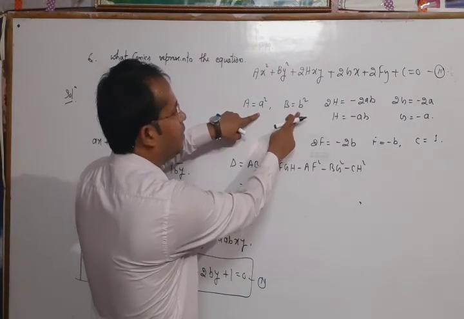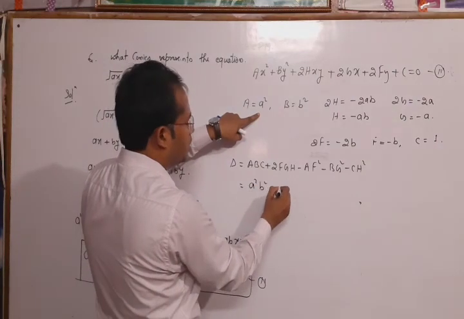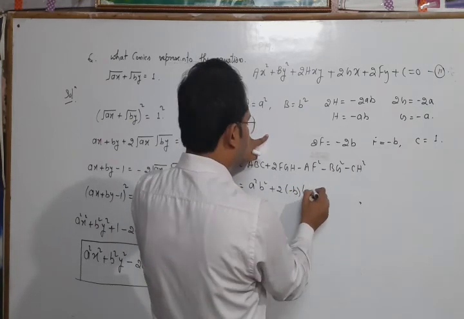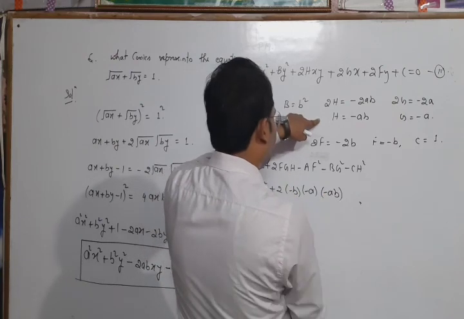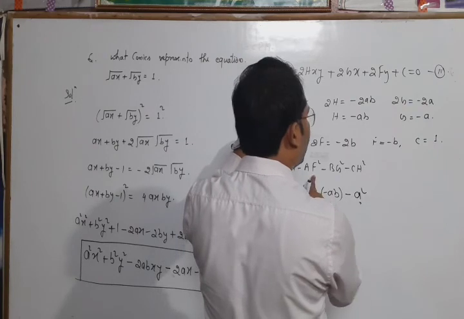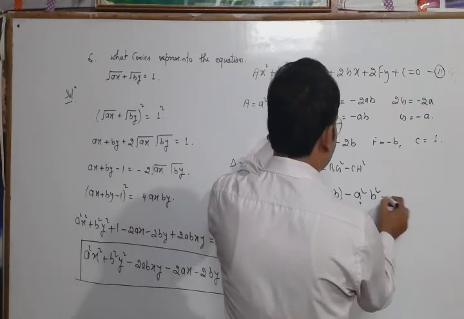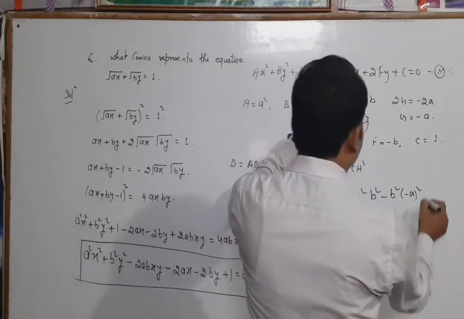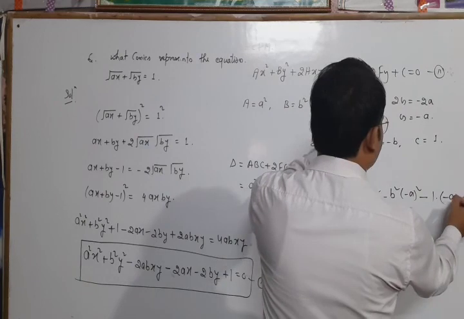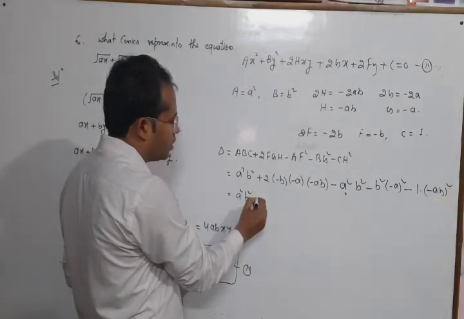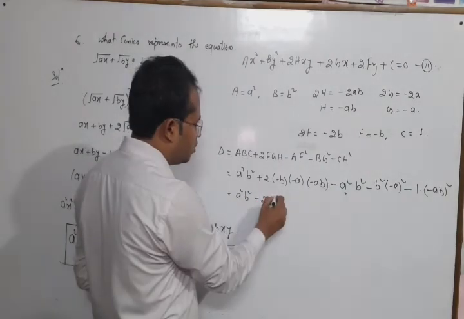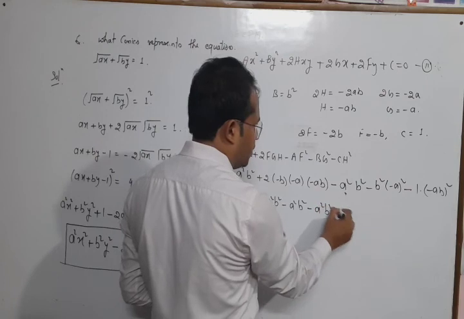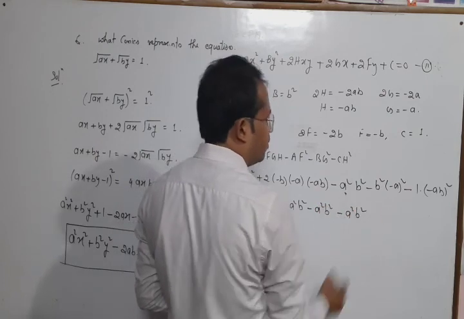That is a square b square plus 2 times minus b, minus a, minus ab, minus a square b square, minus a square b square, minus a square b square.